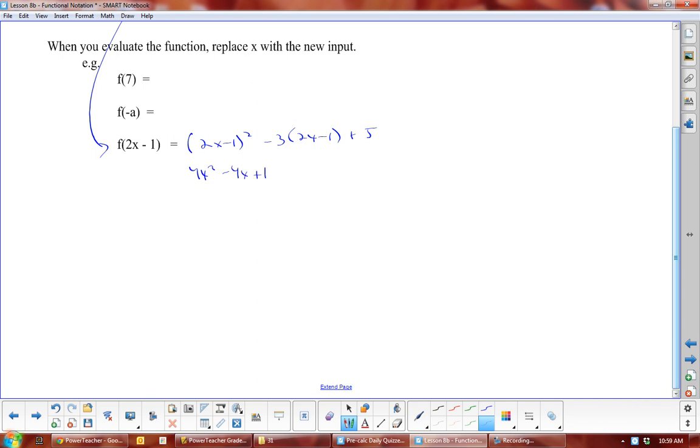Get rid of the brackets here, minus 6x plus 3 plus 5. Get it all together: 4x squared, minus 4x minus 6x is minus 10x, and 1 plus 3 plus 5 is 9. Okay. So all I did was put 2x minus 1 into the function.